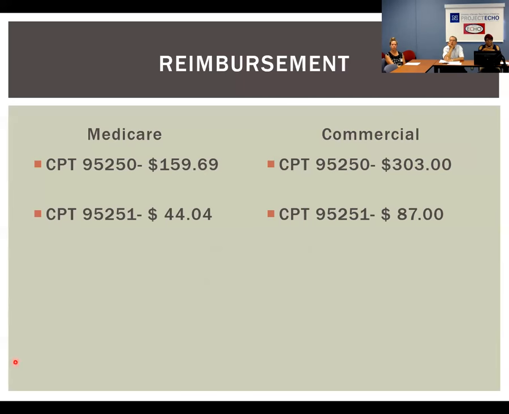For the interpretation, I get anywhere from $79. That's on a commercial. But for Medicare, I will get anywhere from the 44 and down to about 32, but usually not less than 32. Some of the commercial insurances, I've only got like $25 back for an interpretation. But because I do primarily Medicare and Medicaid, and Medicaid pays almost as well as Medicare, that has been significant for me.